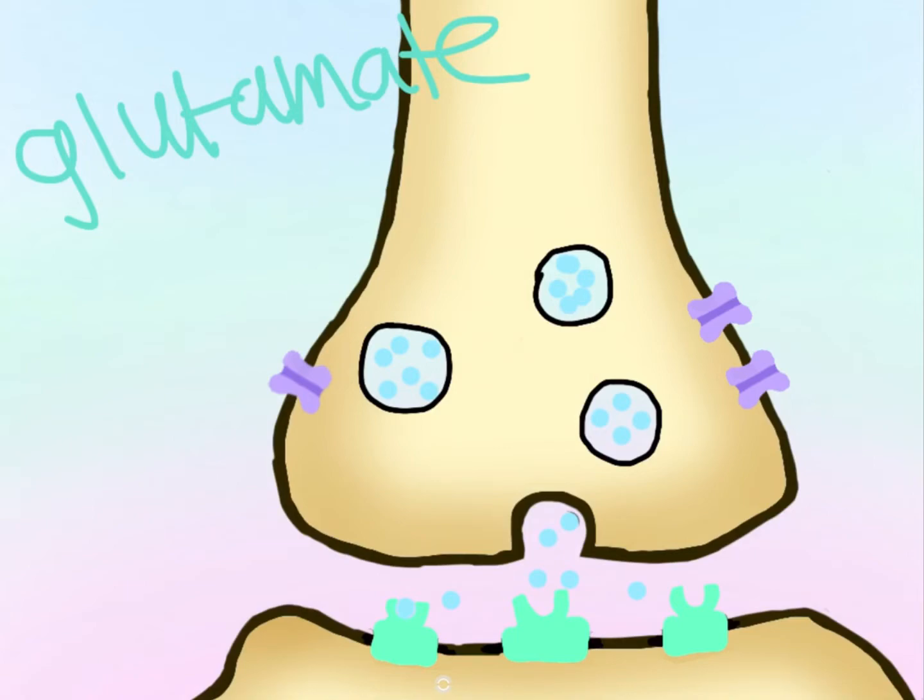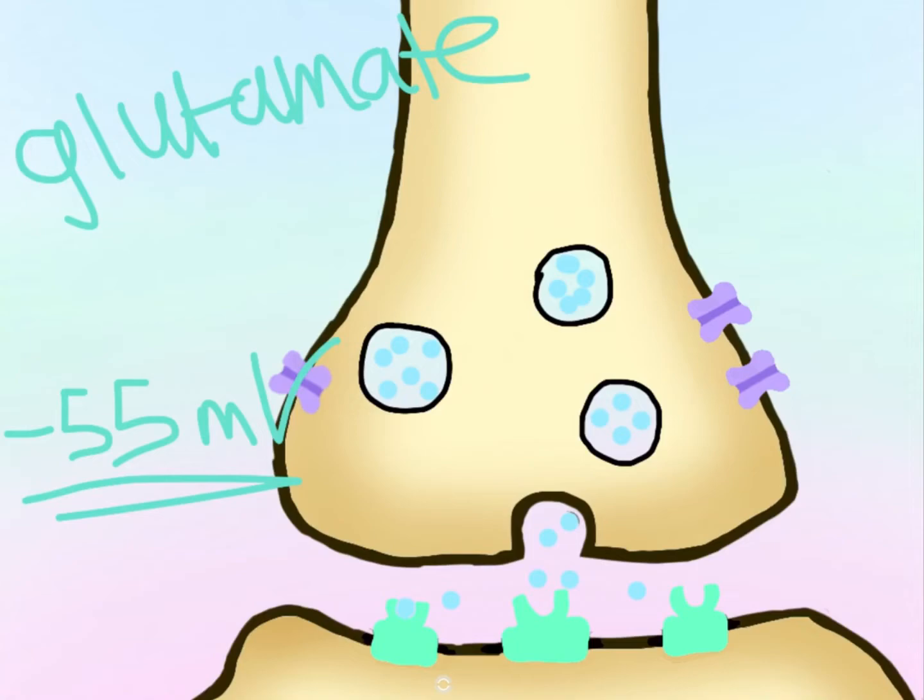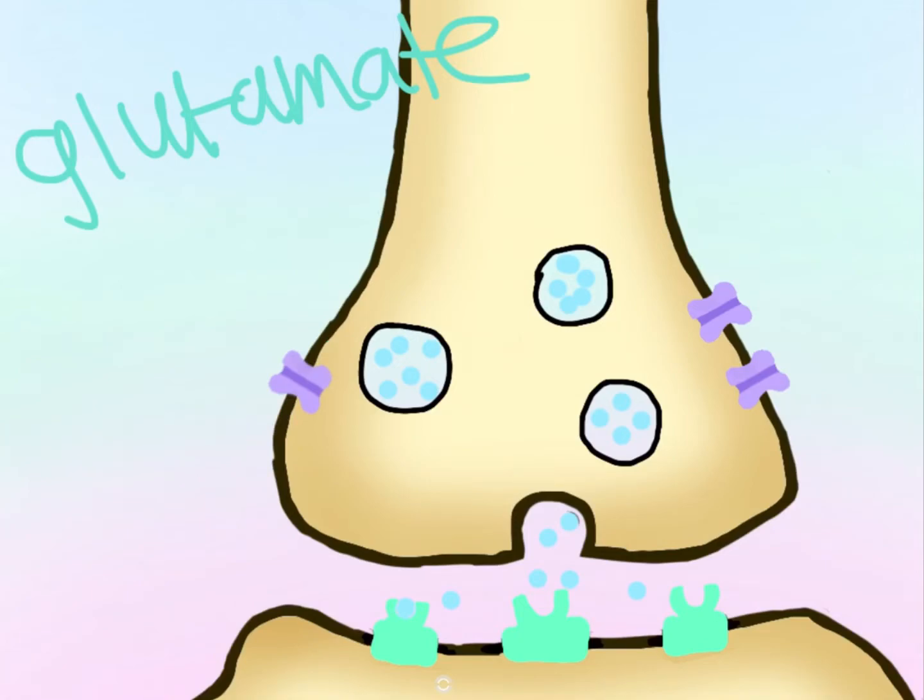So remember, when an action potential is initiated, the membrane potential of the neuron has to reach somewhere around negative 55 millivolts for neurons. But as soon as they hit this threshold, this magical number, an action potential will occur. So glutamate depolarizes the postsynaptic cell, and that causes the membrane potential to go closer to threshold, which means an action potential will be more likely to occur.